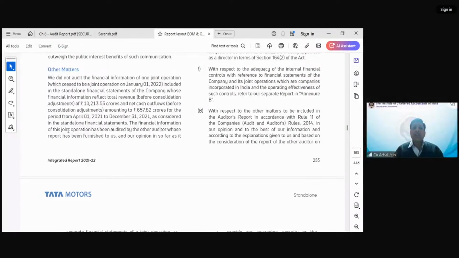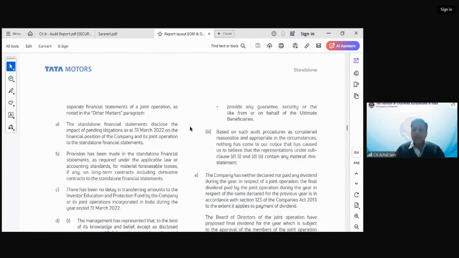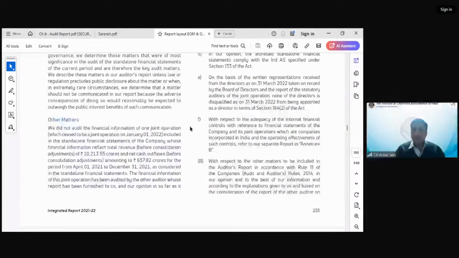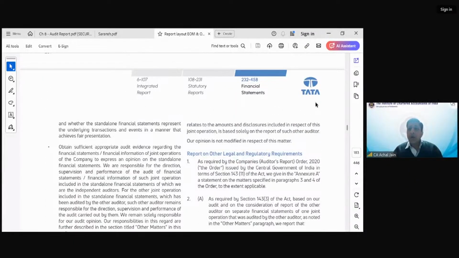The financial information of this joint operation has been audited by another auditor whose report has been furnished to us, and our opinion, insofar as it relates to the amounts and disclosures in respect of this joint operation, is based solely on the report of such other auditor.